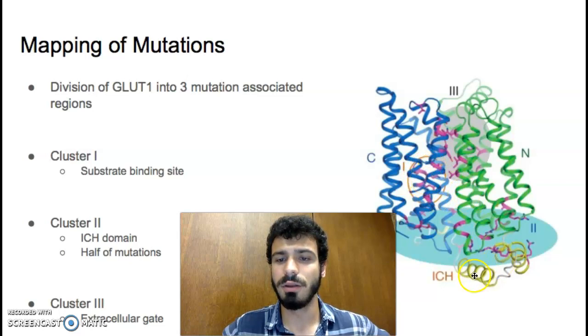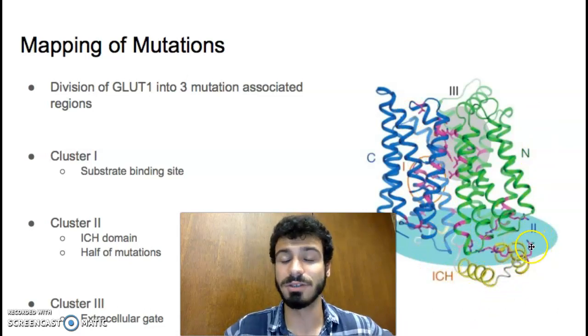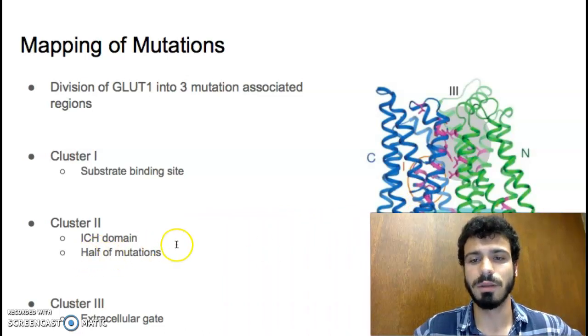Cluster 2 involved mutations in the ICH domain, which would prevent the successful latching in the outward open conformation. And these accounted for about half of the disease-associated mutations. Cluster 3 involved mutations in the extracellular gate, which would prevent a proper inward open conformation.